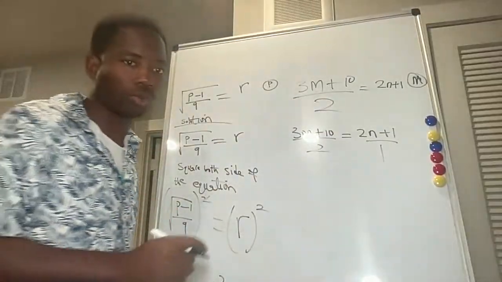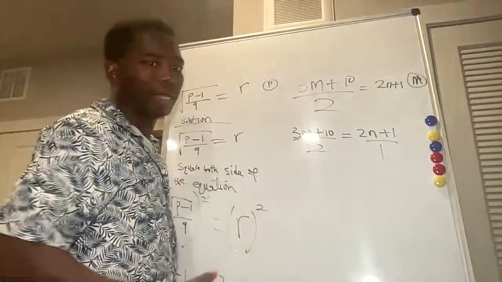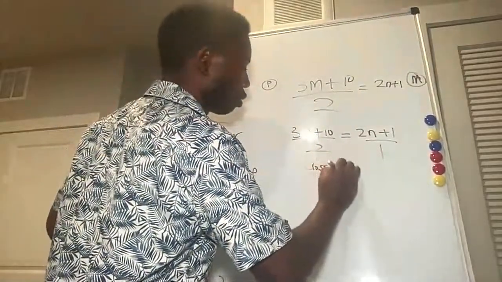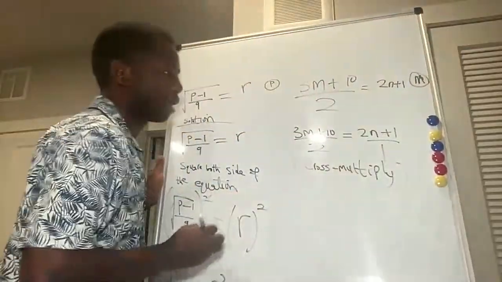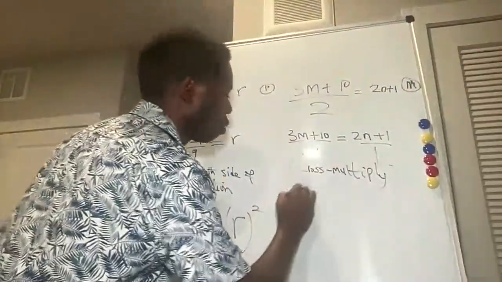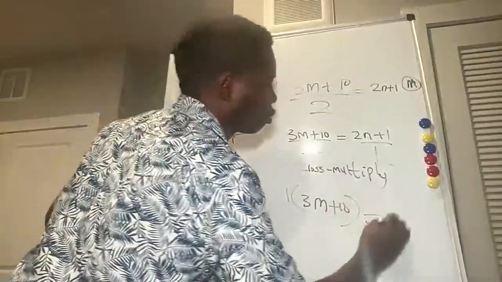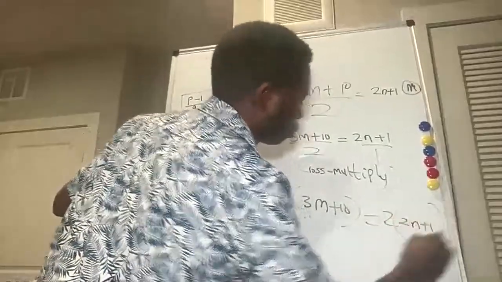The first thing we are going to do is cross multiply to make our equation linear. So 1 times 3m plus 10 is equal to 2 bracket 2n plus 1.